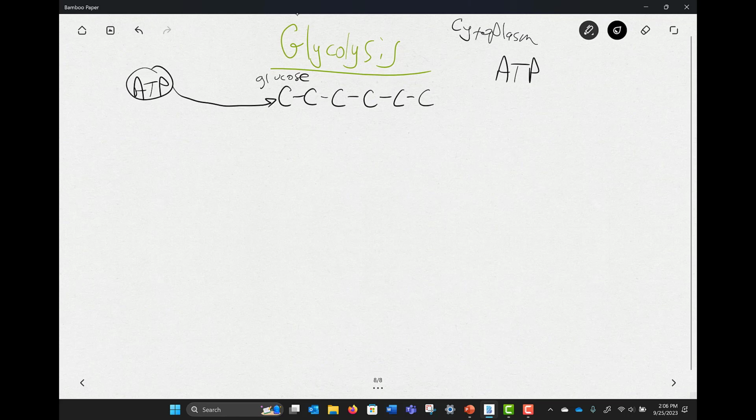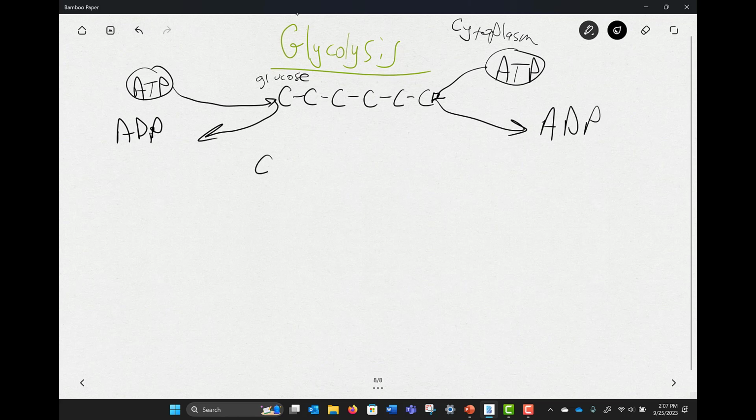We're actually going to phosphorylate each side. And as we phosphorylate each side, what happens? If you use ATP to phosphorylate something, what does ATP become? It becomes ADP. And the same thing over here, ADP.